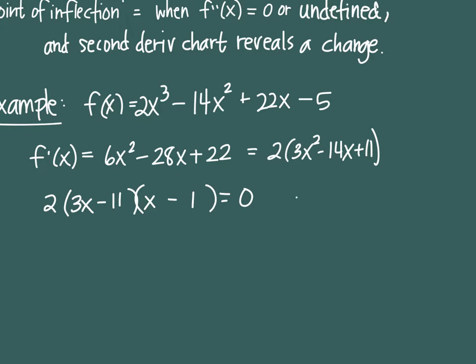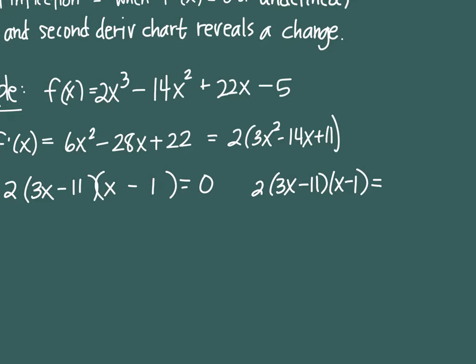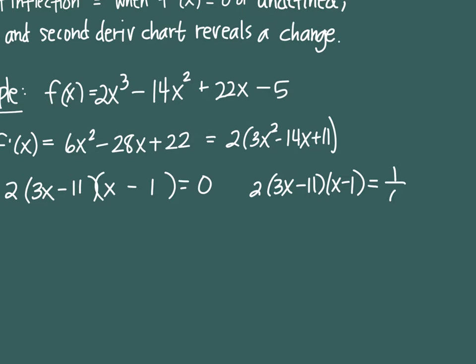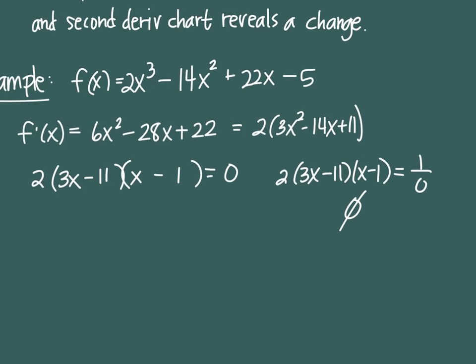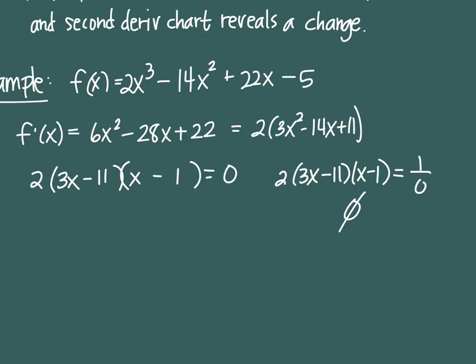I should be really dutiful and set it equal to undefined also. But we know that when we set a polynomial equal to undefined, there are no corners or cusps or vertical tangents for a cubic, so that won't produce anything new. So I'm going to have critical points at x equals 11/3 and at x equals 1. So those are my two critical values.